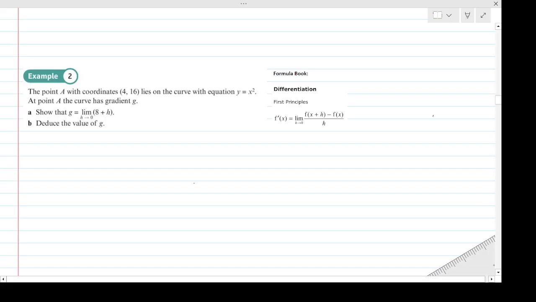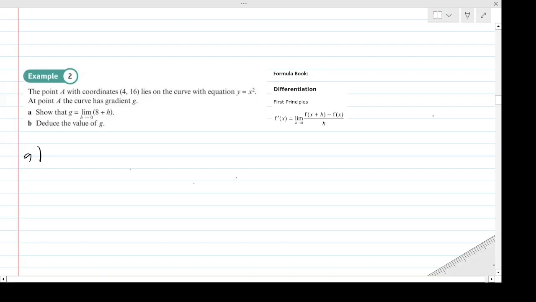The point A on the curve has gradient g. Show that g is the limit as h tends to 0 of 8 plus h. It's quite a weird expression, but we now know how to find the gradient using this formula, so we're going to work with that.